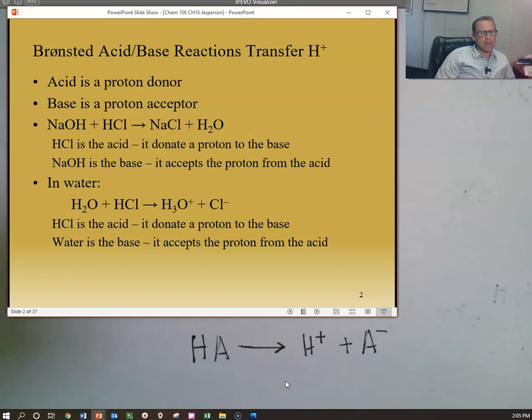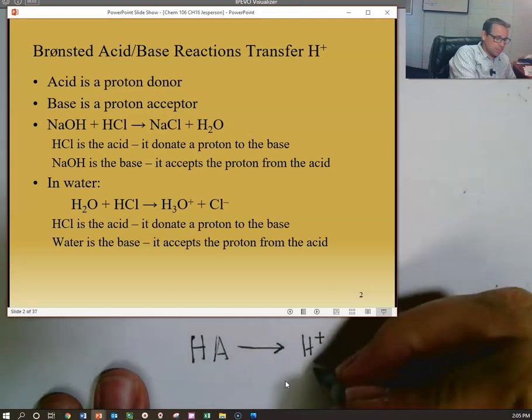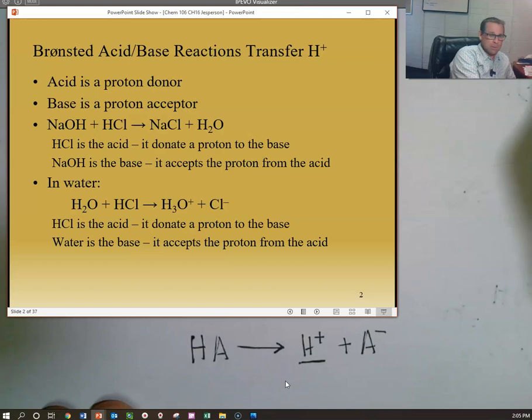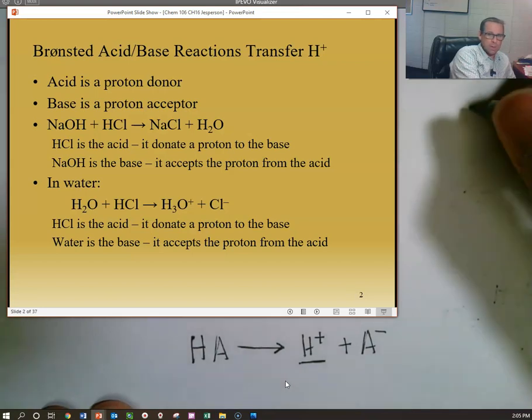Okay. Now, another way of thinking about an acid is to say that an acid donates a proton, or a hydrogen ion, and that's what we mean when we talk about a proton. The hydrogen ion is also called a proton, because that's what it is, right? Let's have a little review here real quick.